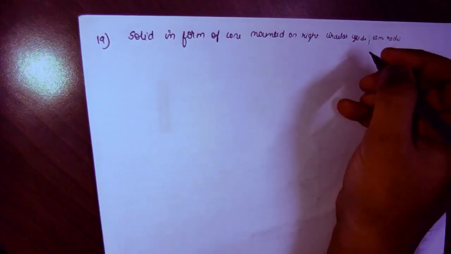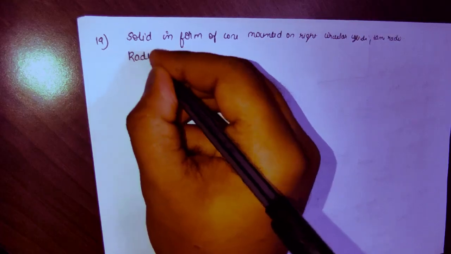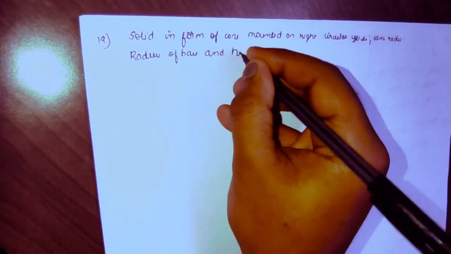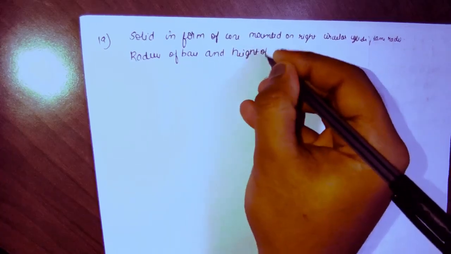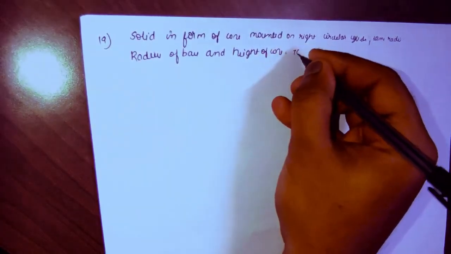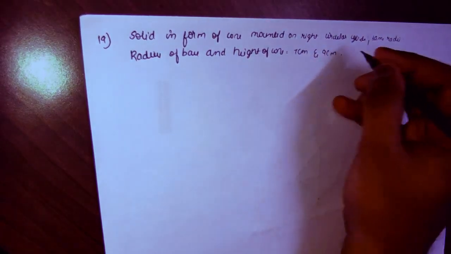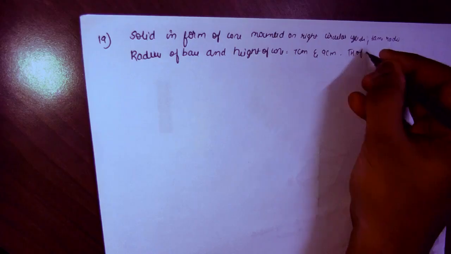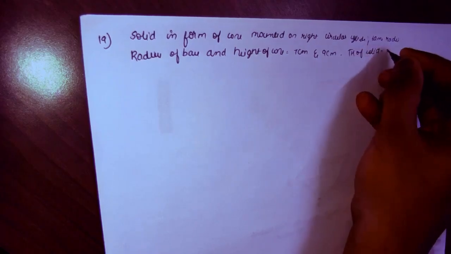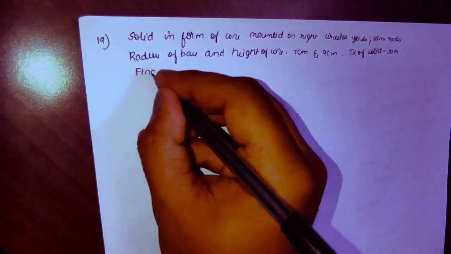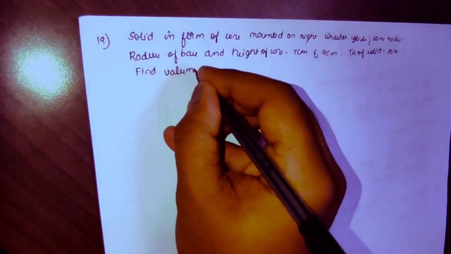Radius of the base and height of the cone are 7 cm and 9 cm. Total height of the solid is equal to 30 cm. You have to find the volume of the solid.